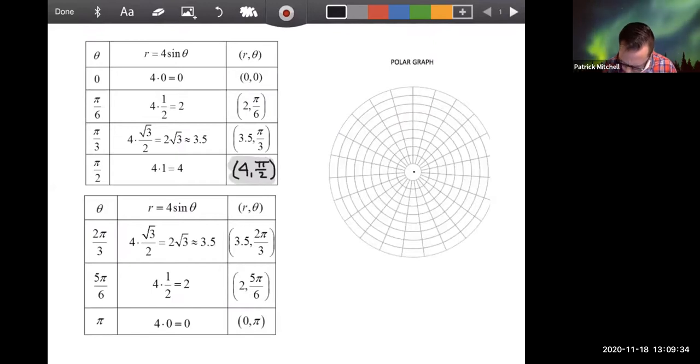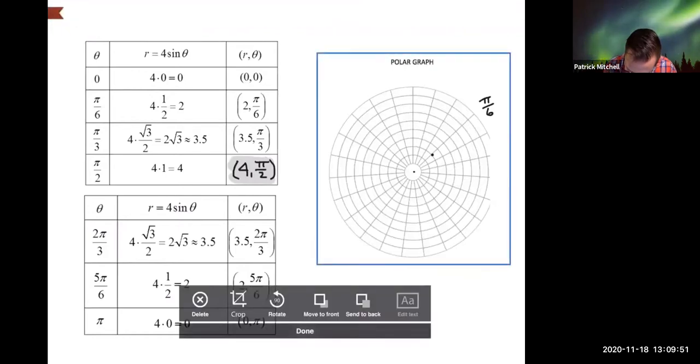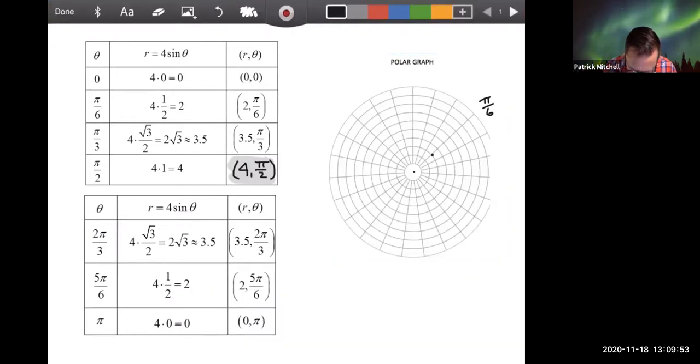Let's see, 1, 2, 3, 4, 5, 6, that's pi, so this would be pi over 6. All right, so there's 2 comma pi over 6. We're going out 2. Then 3.5 comma pi over 3. This is pi over 3 up here.